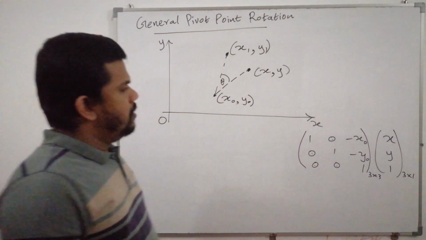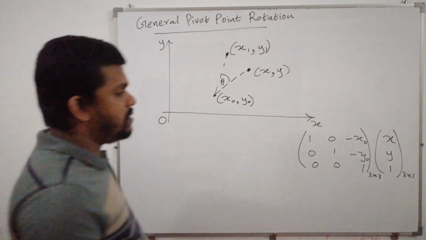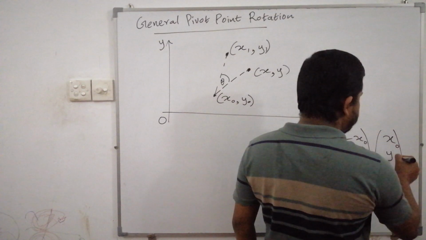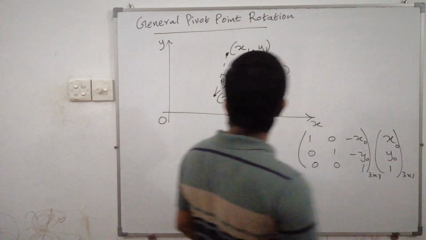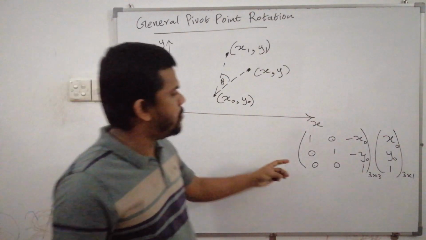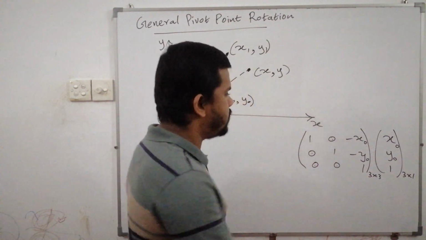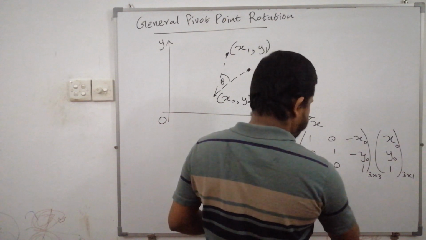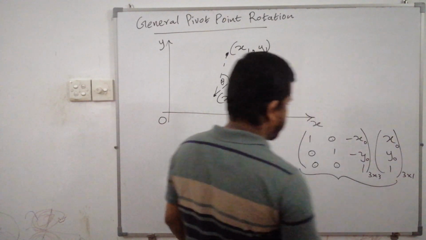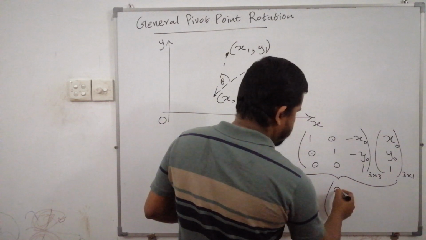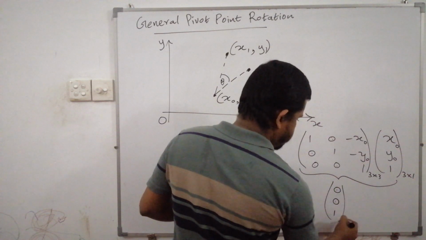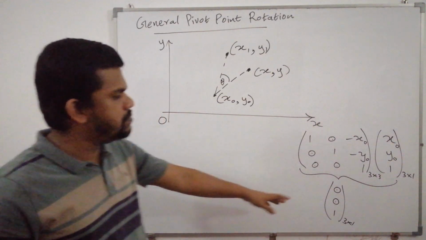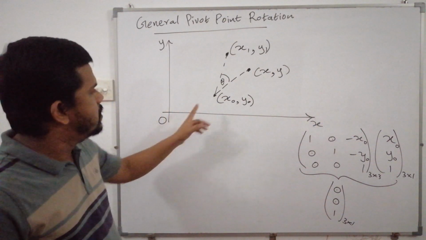So, in order to simplify the understanding, let's think this is this. What happens when we multiply these two matrices? What are we going to get? We will get 0, 0, 1. That means this matrix represents the origin.